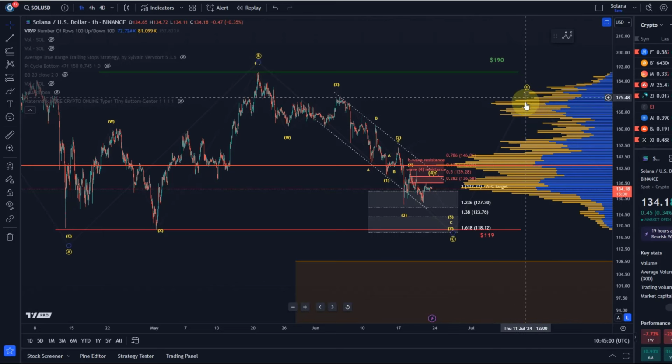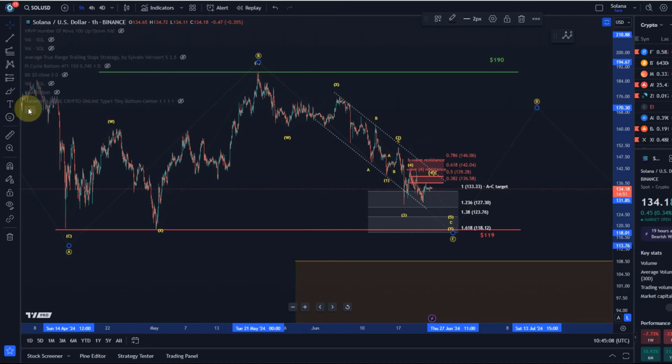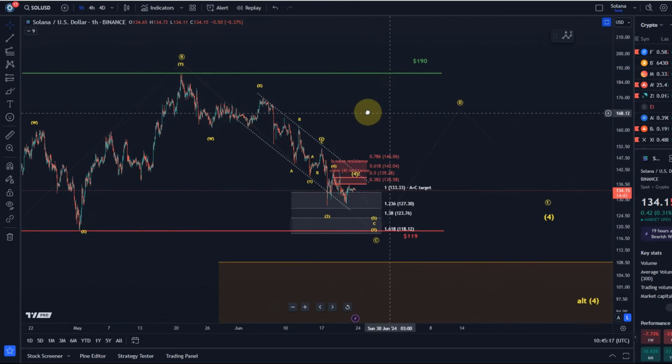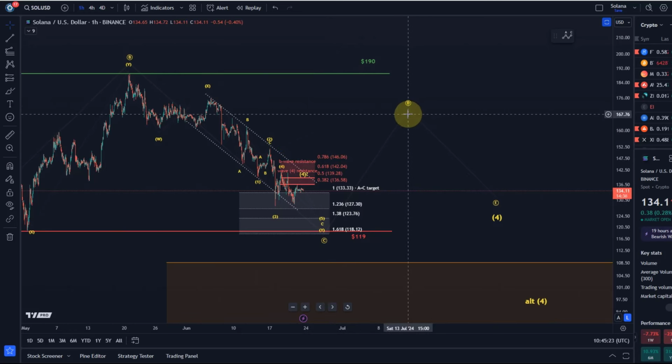So that would seem like an ideal target for a D wave as well, where the price will slow down around the previous swing highs. If I have a low in place, then I can also calculate a target more precisely for the D wave, but calculating targets of corrective structures in triangles is really not very precise overall, but we can add a couple of fib levels there to watch.